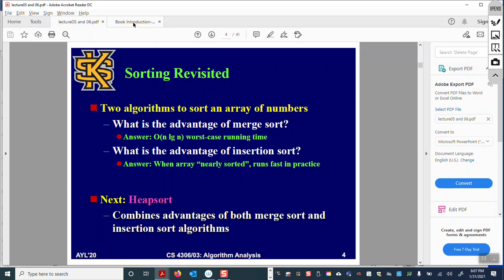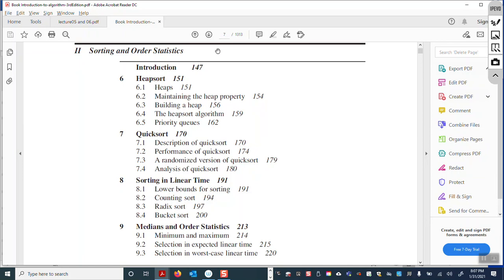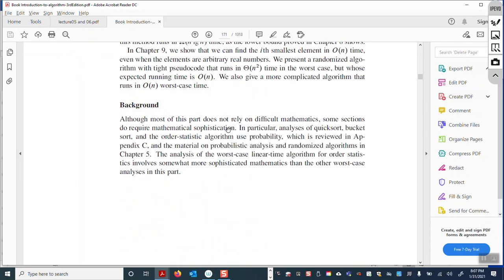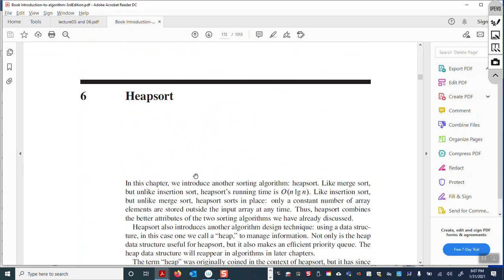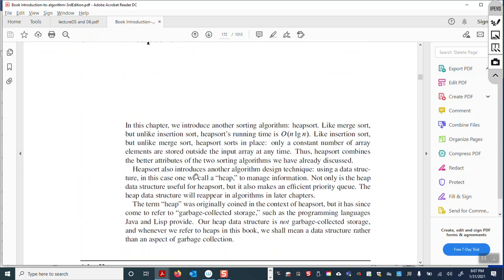Let us open the book, maybe page 171, because there are some index pages. So heapsort combines the advantages of merge sort and insertion sort. What are the advantages?